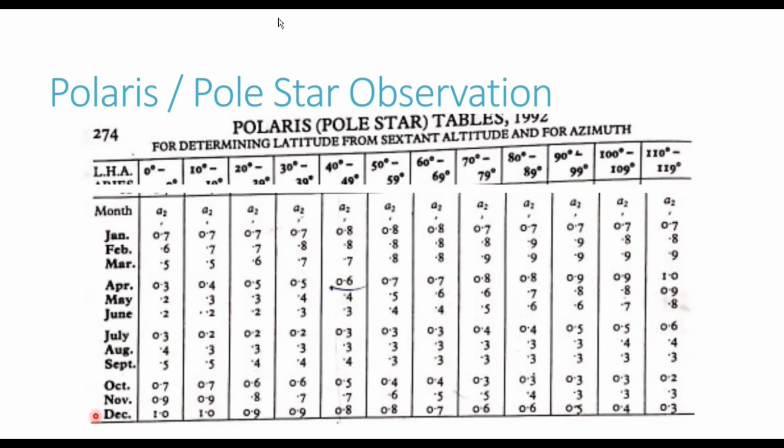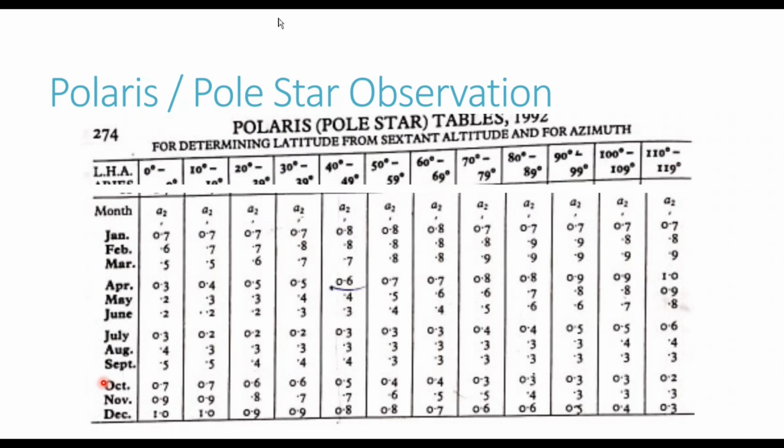So whichever month you are taking the site, basis that month you enter into the table, and you follow the same column which you entered basis LHA Aries from the top. The same column is maintained till the end of the table vertically downwards, and A2 correction is obtained by entering with the month of the site.